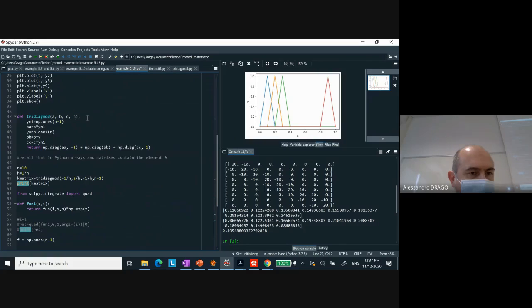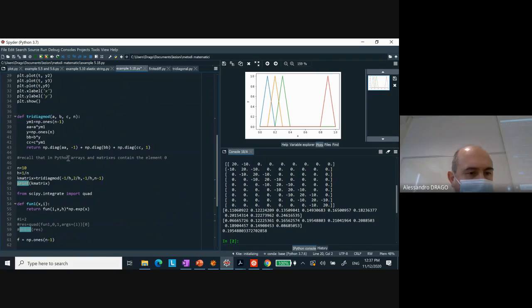So this three-diagonal uses just the ones of numerical Python and the diag that builds diagonals with a certain offset. And after you put everything together, you have your matrix.